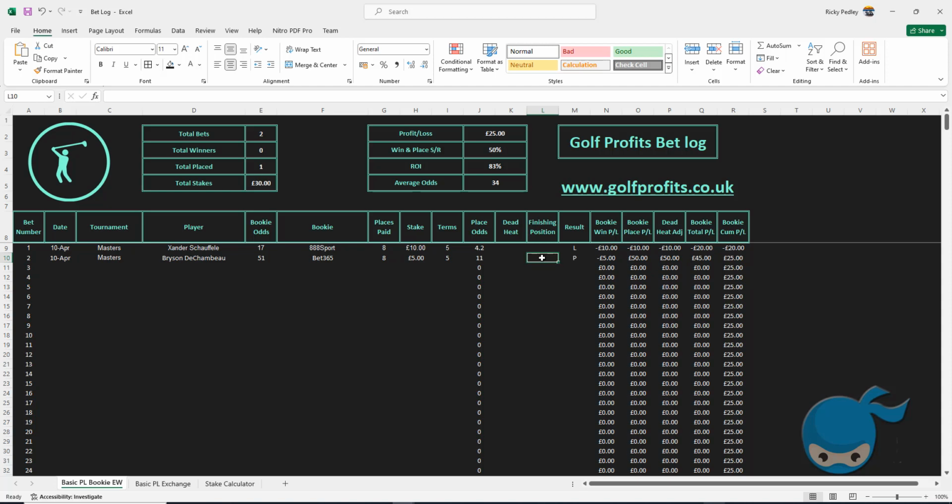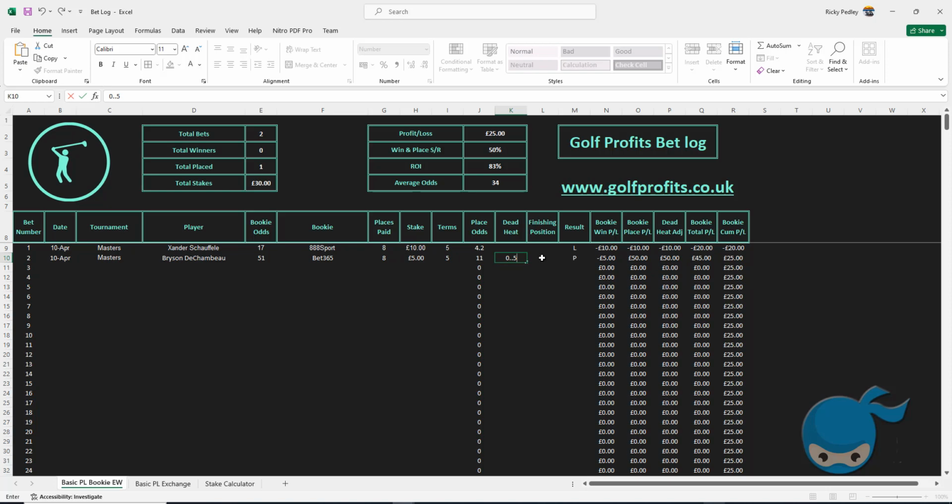Then there will be a deduction within the place payouts, purely because bookmakers are only paying 8 and there's 2 players finishing there, so because of that you would only get half of your odds. There's one placed payout, 8th, left, and there's 2 players in that placed payout situation, so 1 in 2, so your payout for the placed part of that bet is going to get reduced by 50%.